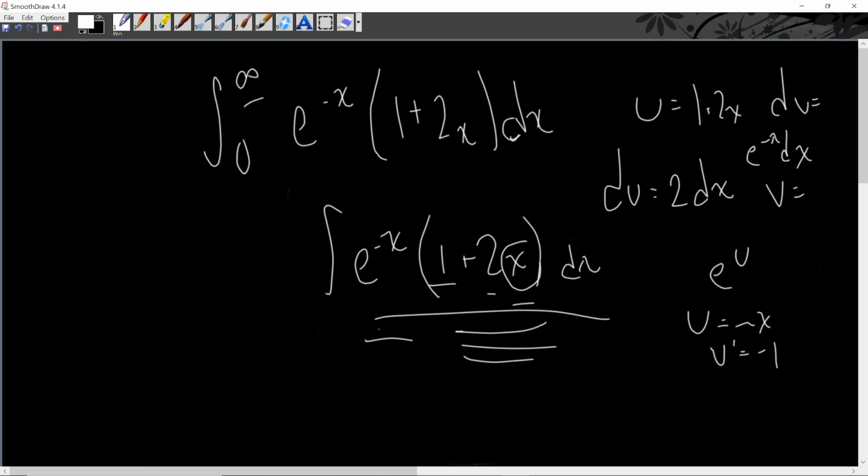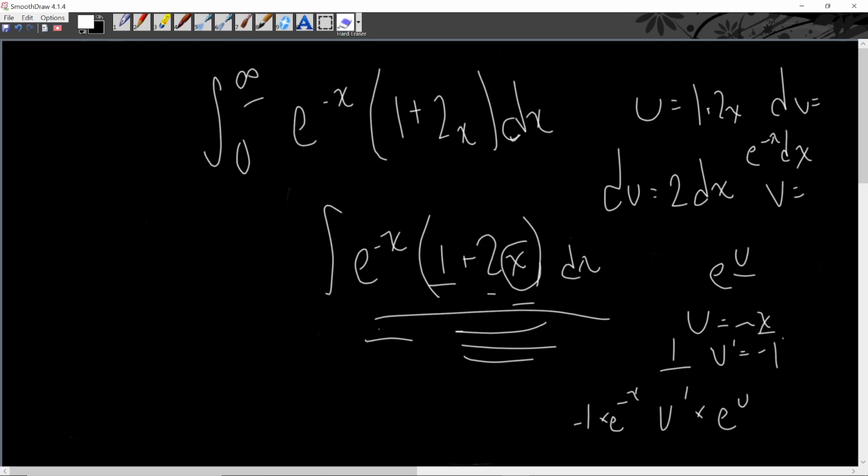So if we want to undo this, u prime times e to the u, so 1 over u prime, even though that's not a rule for this one, it's going to work. As a general rule, if you have a linear exponent, then you can do 1 over u prime times e to the u. And then you just get negative 1 times e to the u, which is negative x.